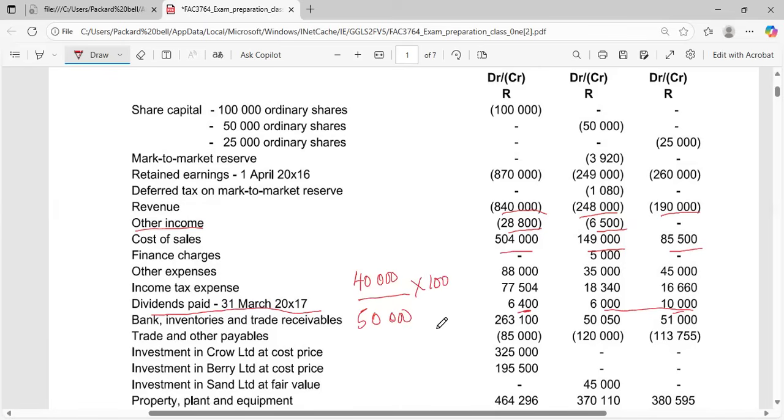This one is going to give us 80%, am I correct? Then we have 15,000 over 25,000. Three here is 5 here is 3, 5 here is 5. 3 over 5 is 60%. So those are the percentages of interest. So here we are going to take 80%, and here we are going to take 60%.